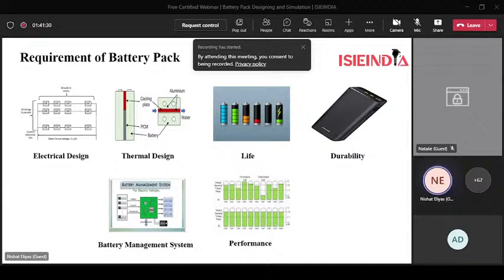When we consider durability, the pack material, the internal configurations and structures of the pack, and the outer shell of the pack should be of such a material that it can sustain maximum vibration, so that it can sustain the inertial force during braking and acceleration.